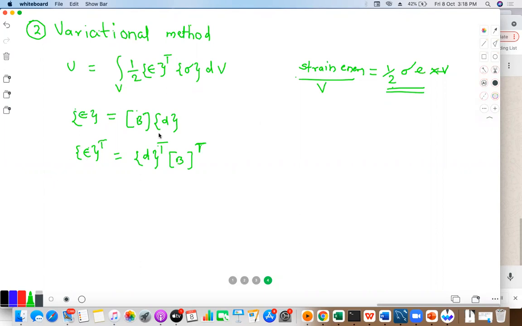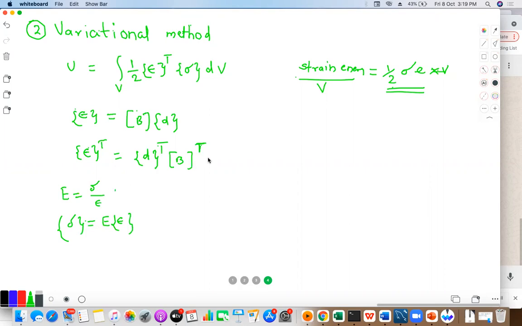Epsilon transpose. Now, putting these values here, we know E is equal to sigma upon epsilon. Now I can write sigma is equal to E into epsilon, right?